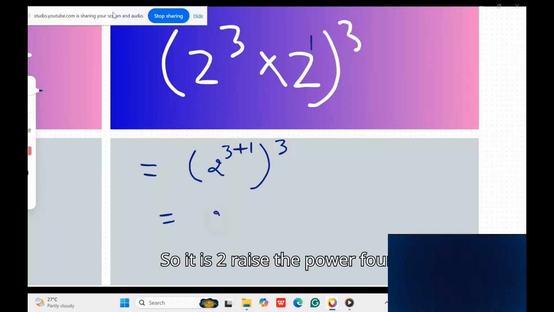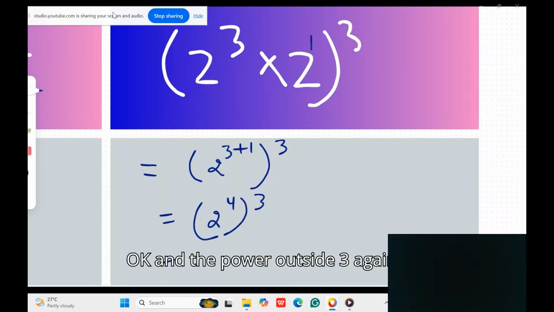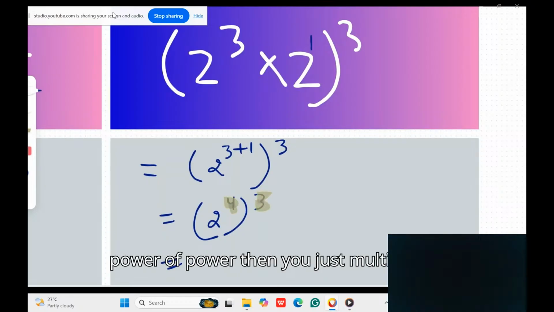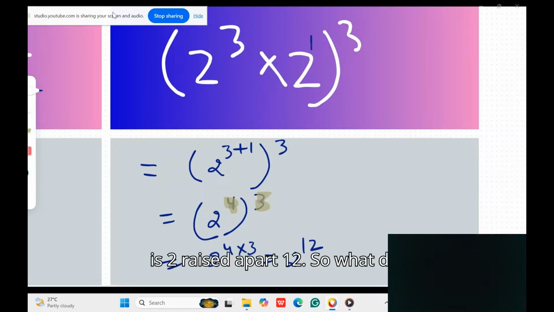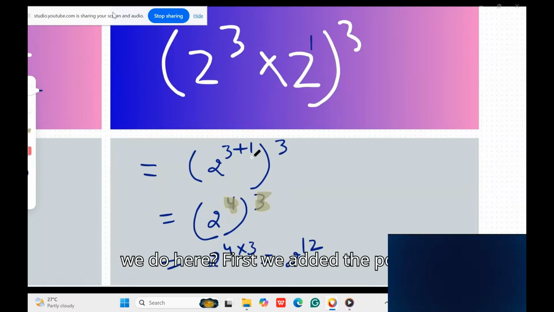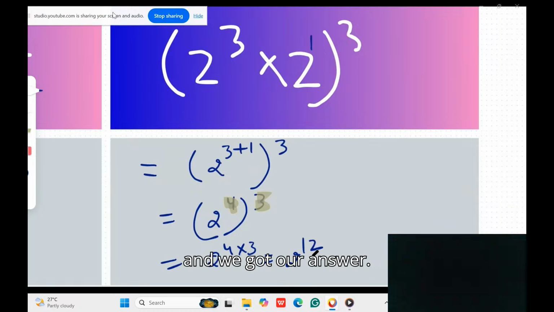So it is 2 raised to the power 4. Okay. And the power outside 3. Again, remember the rule. If there is power of power, then you just multiply the powers. So it is 2 raised to the power 12. So what did we do here? First we added the powers 3 plus 1. Then we multiplied the powers and we got our answer.